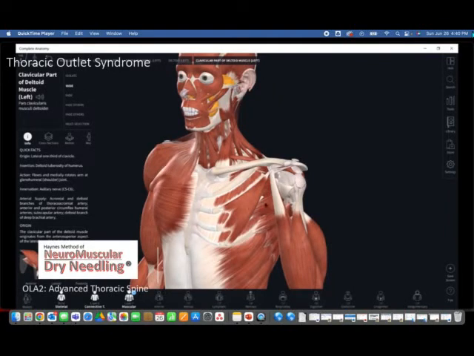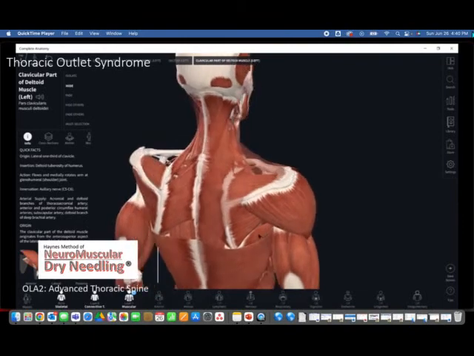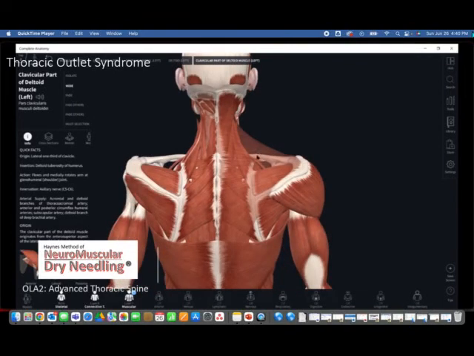In this slide, the upper trapezius is removed from the image, and this can be done depending on access. Serratus anterior can be needled below the axilla on the ribs themselves, if those structures can be palpated. And then upper traps, obviously, right through here.